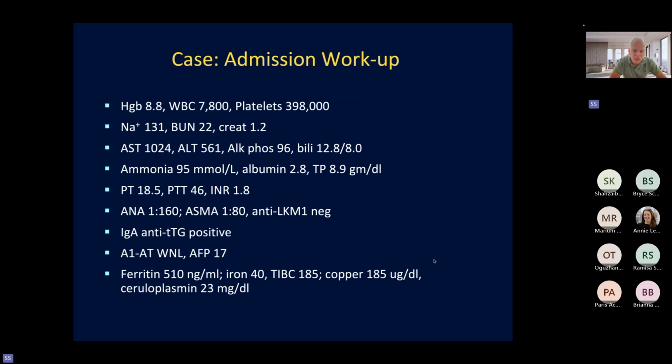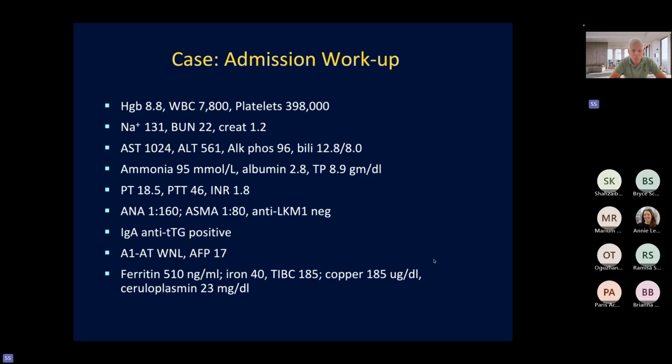Her workup shows a hemoglobin of 8.8, white count of 7,800, platelets of 400,000, sodium's a little low, BUN 22, creatinine is a little high for her age. Her AST is 1,000, ALT 560, low alkaline phosphatase, and a bilirubin of 12.8 over 8.